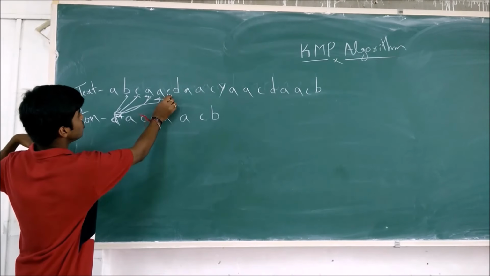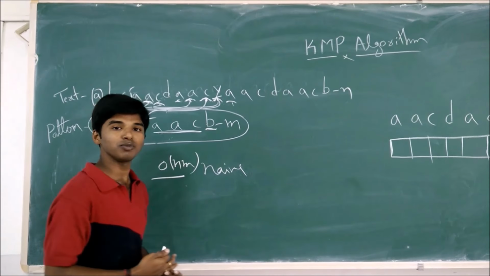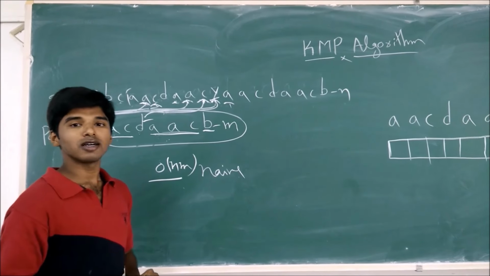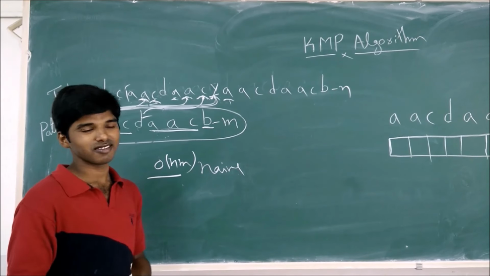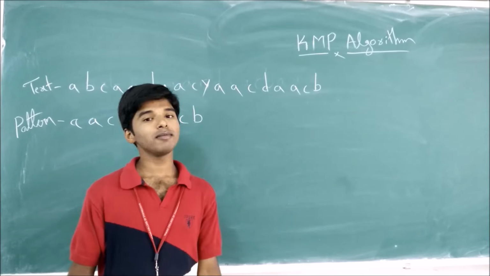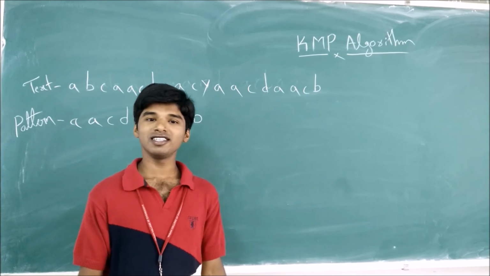So we again move to the algorithm. We have to build a temporary array, which is a big O of n plus m algorithm, big O of n plus m time, which is linear time.